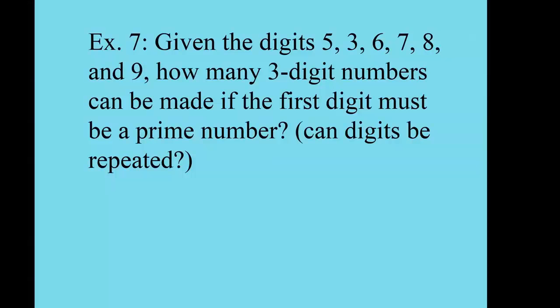Given digits 5, 3, 6, 7, 8, and 9, how many 3-digit numbers can be made if the first digit must be prime? And, I'm sorry, can digits be repeated? That's a question. All right, so let's think, if it's got to be prime, how many choices are there for the first one? How many prime numbers are there? Well, we've got 5, 3, and 7 are the only prime numbers, so there's 3 options there. If we allow repeating, is that going to change the numbers?